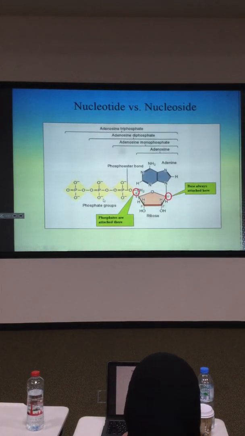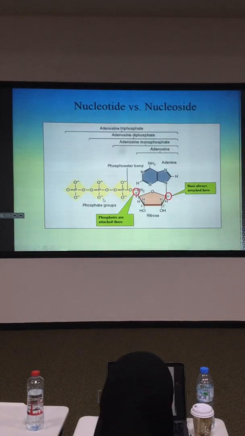Now, we can name this as a nucleotide or nucleoside. If it is a nucleoside, that means base and sugar, nothing else. If there is one phosphate at the 5 prime, it is, for example, adenosine monophosphate. If there are 2, adenosine diphosphate, and if 3, adenosine triphosphate.